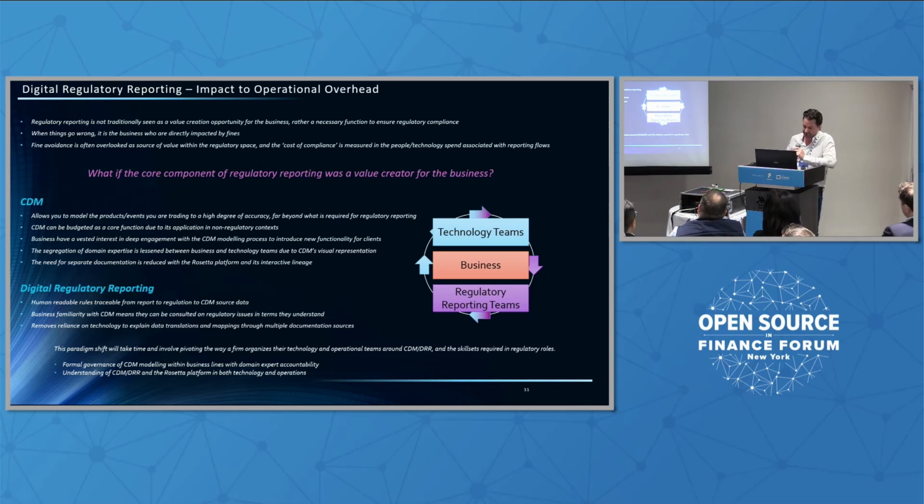Once you've integrated CDM, it allows you to model your products and events down to the lowest level of granularity within your risk management systems or workflows. Having had experience with two separate risk management systems, it is very, very flexible.